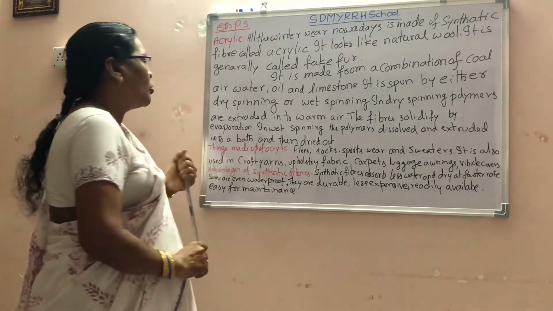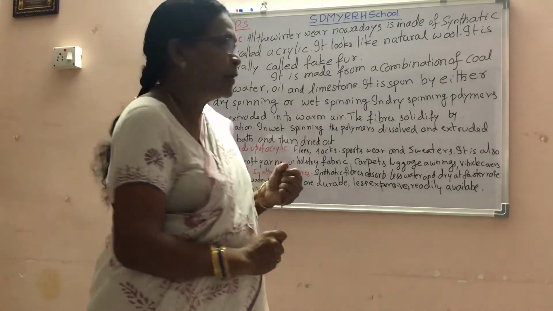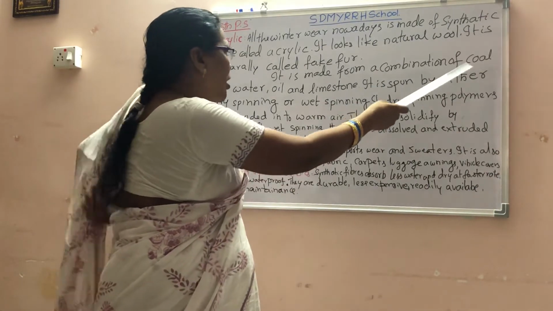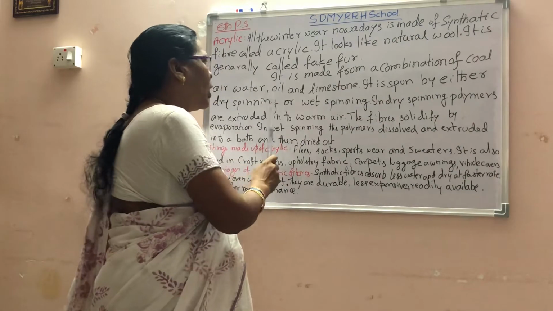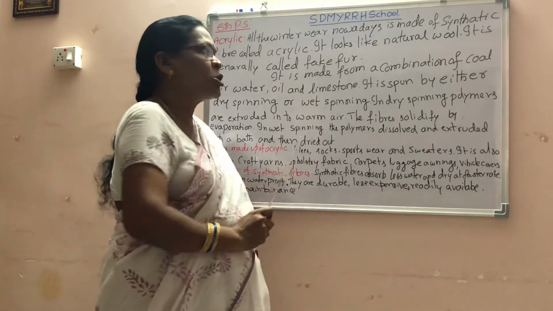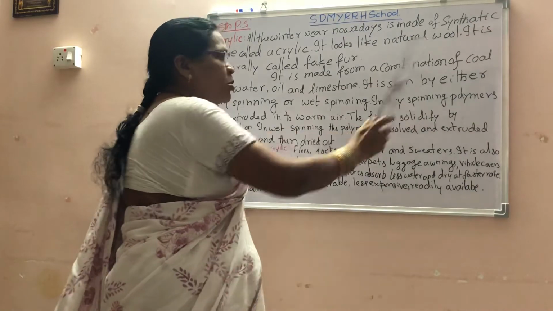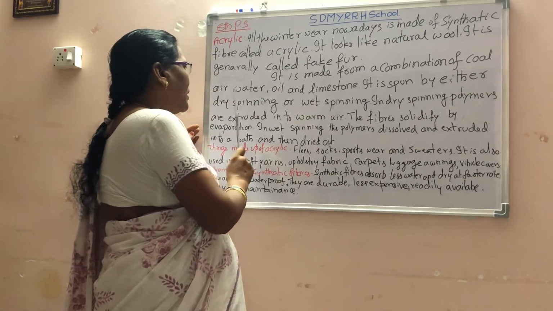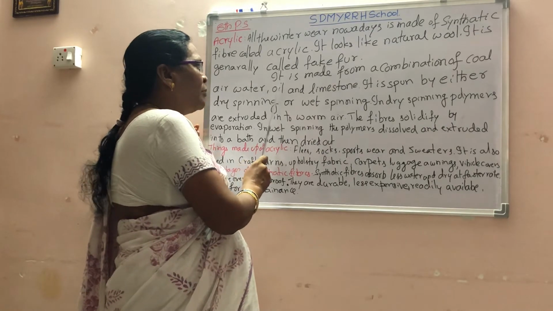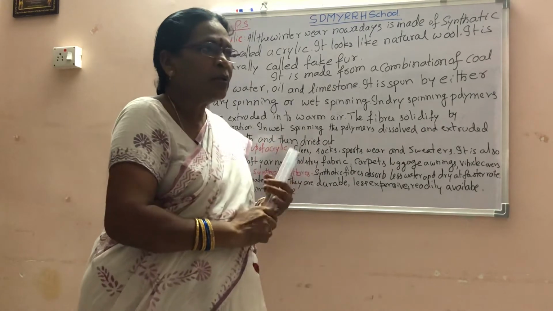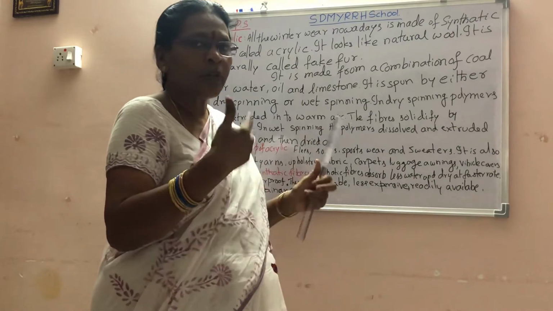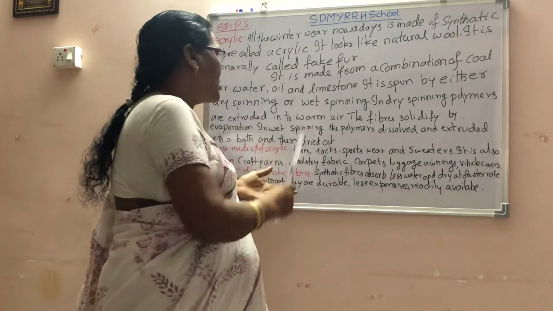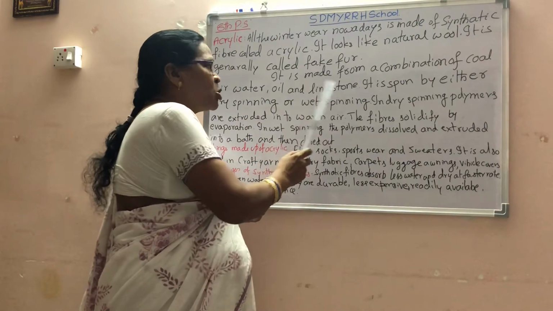Now, see how it is prepared. It is made from a combination of coal, air, water, oil and limestone. Coal, you know. Now air, water, oil. Oil here is not the oil we use in the kitchen. It is a special oil, and limestone.